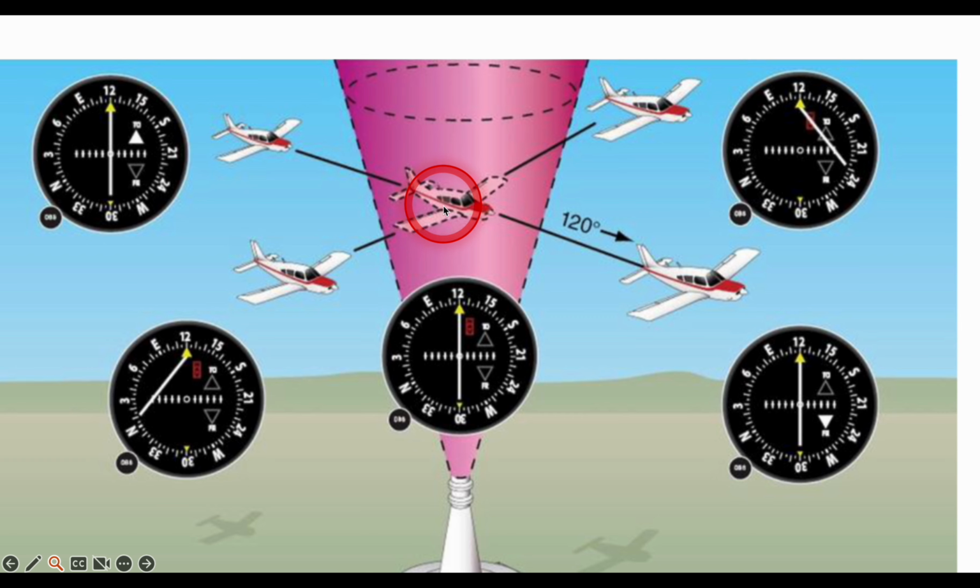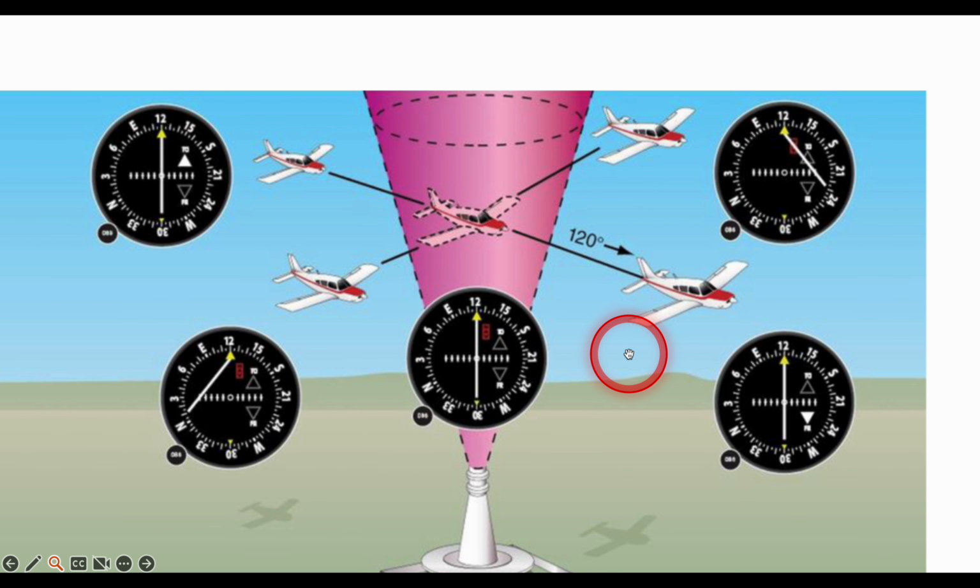Once you pass directly over the VOR, the flag will disappear. And then once you cross over the station, the flag will flip, meaning it'll go from to to from. You'll notice that the numbers don't change. You're still flying a 120 heading, but now you're on the 120 radial.